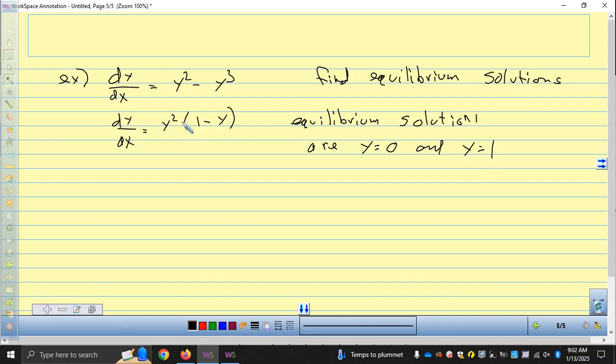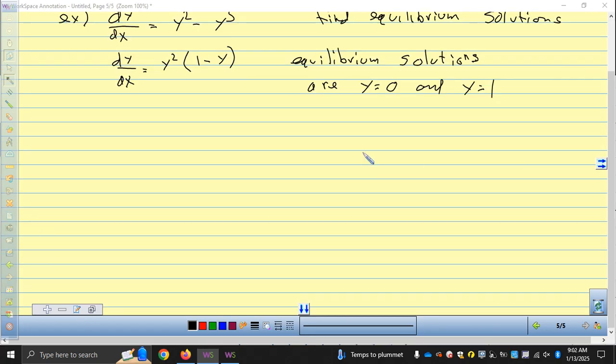We're looking for where this derivative is 0. When y equals 0 and y equals 1, we have dy dx equals 0. We have an equilibrium solution.